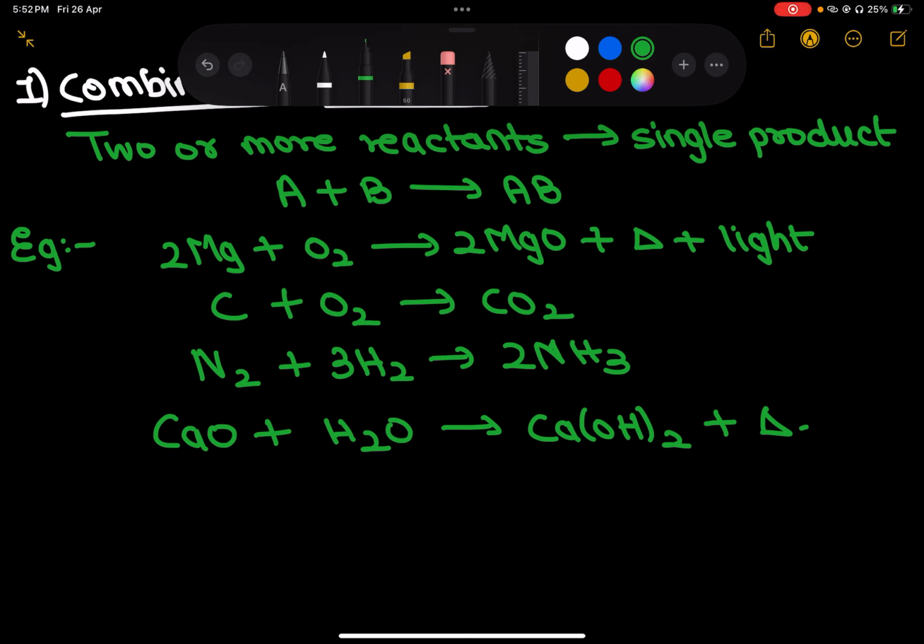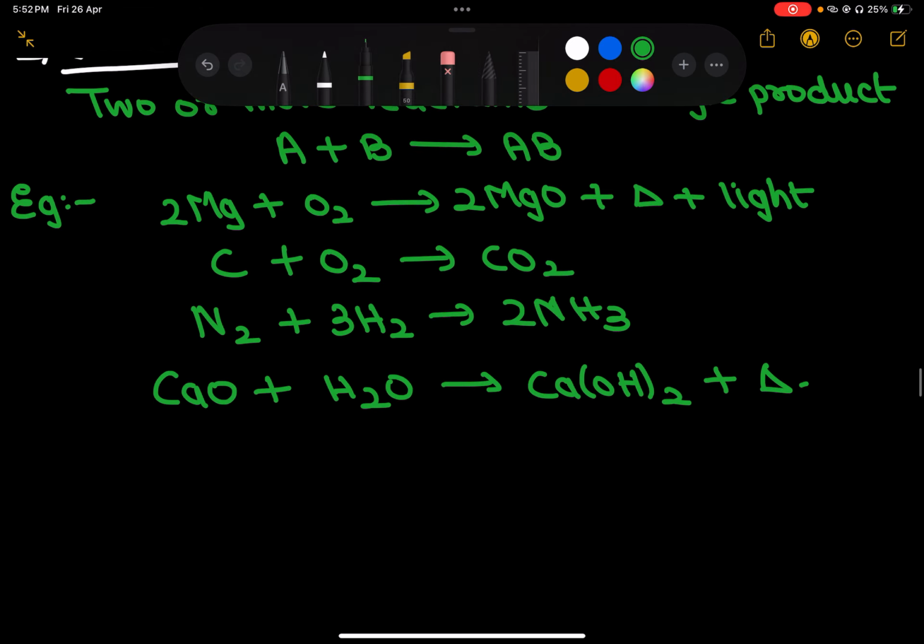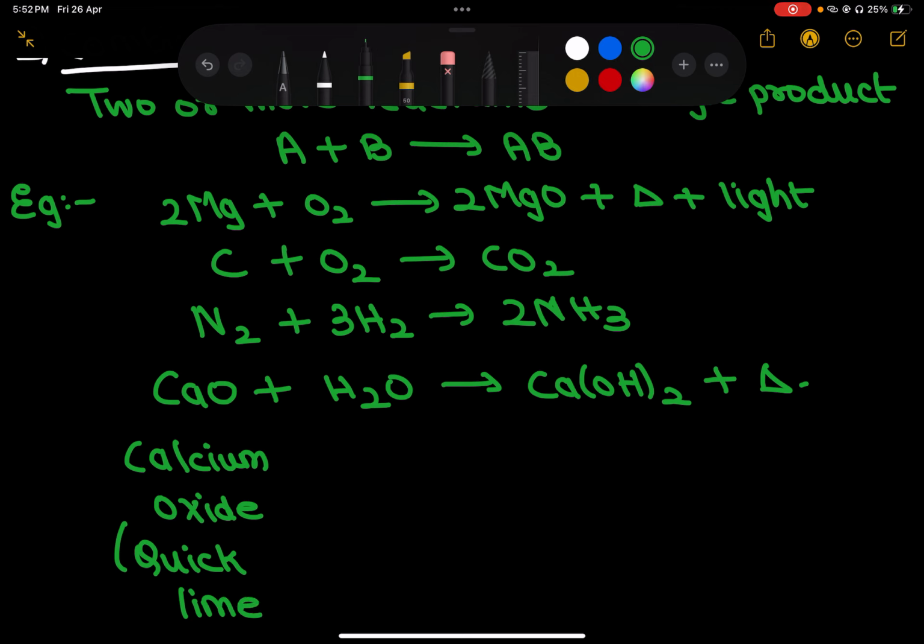Okay, so here this is an important reaction because it has an important essential application. Okay, so here you have to remember some of the compounds names. CaO is calcium oxide. Okay, it is also known as quicklime.